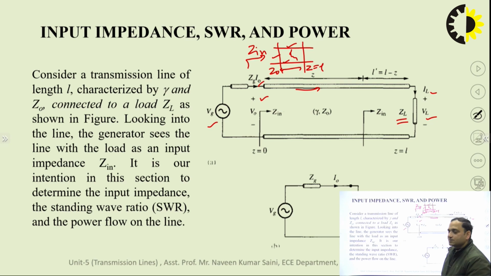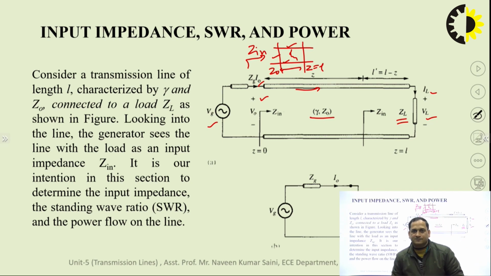This transmission line is defined by two parameters, as we said in the last lecture: gamma and Z0. Gamma is the propagation constant and Z0 is the characteristic impedance.